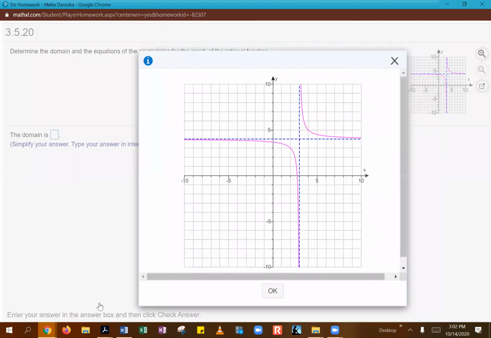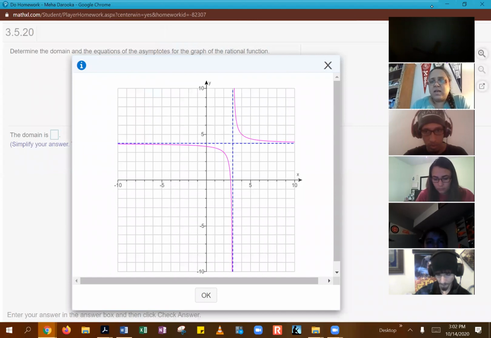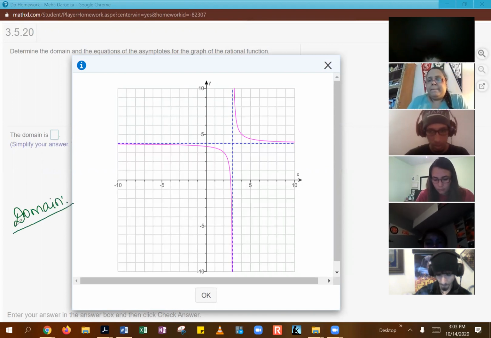So if you look at this guy over here, just in talking about the terms of the domain, looking at the x-axis, what do you think the domain for this function is going to be? And if you can't see this number over here where you have this dotted line, that's positive 3.